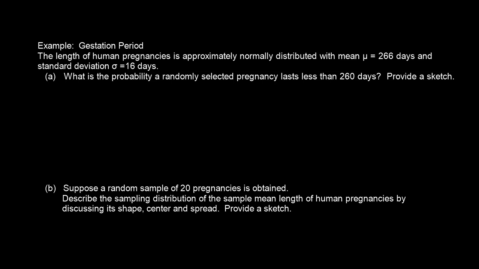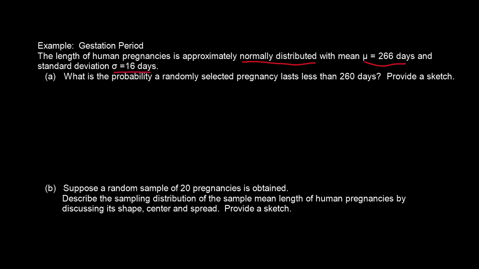In this example, we are given a variable, the length of human pregnancies, and we're told that it's approximately normally distributed with a particular mean of 266 days and a standard deviation of 16 days.